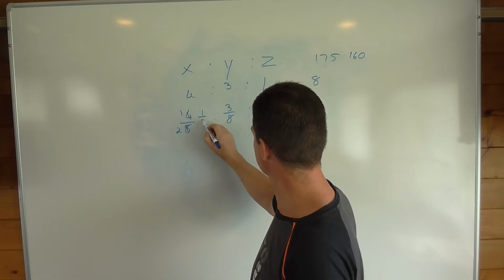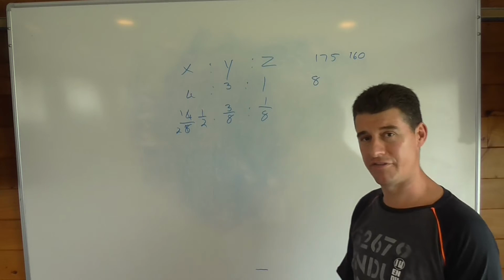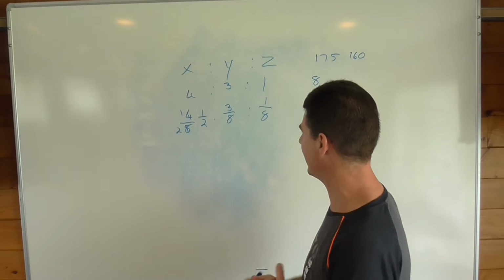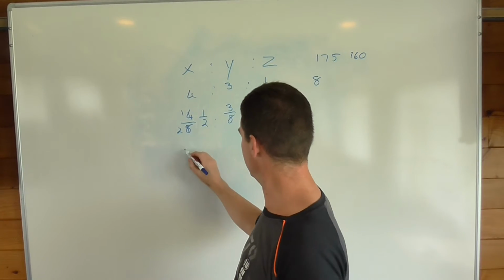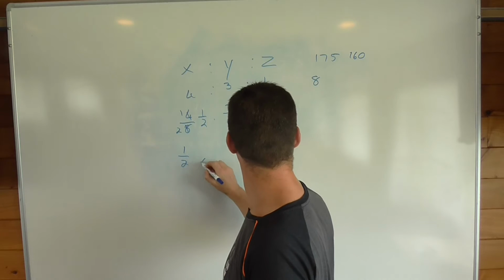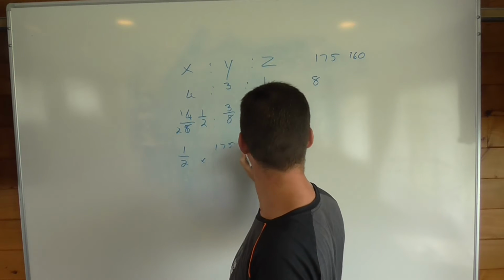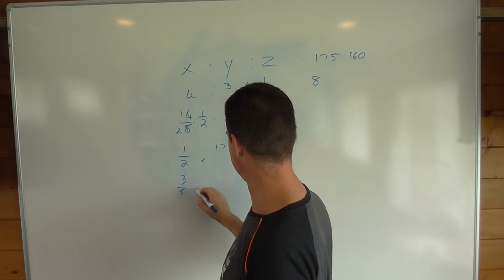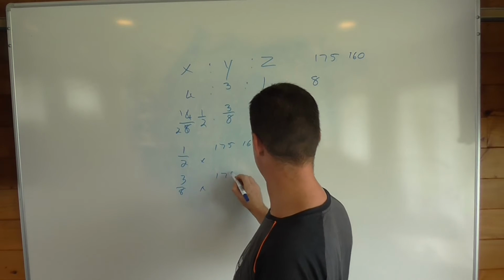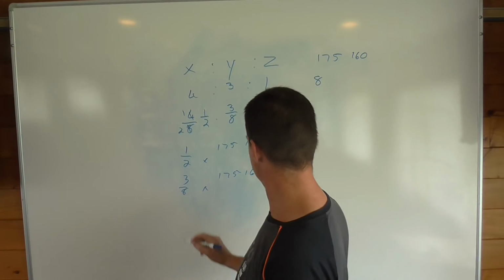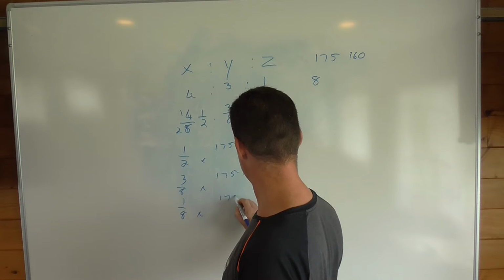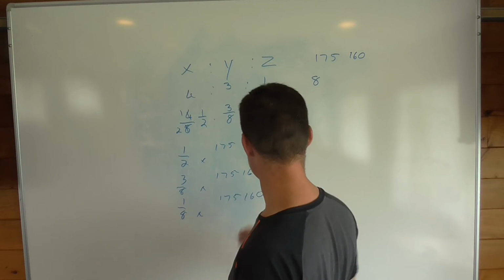So in other words, X gets half of the portions. 3 over 8 you can't make simpler, and 1 over 8 you cannot. So now you just write 1 over 2 times 175,160, 3 over 8 times 175,160, and then 1 over 8 times 175,160.